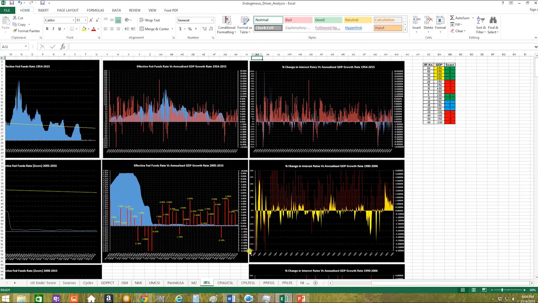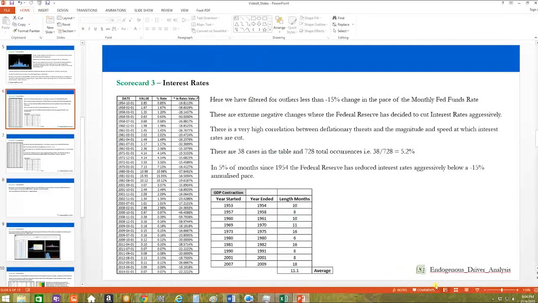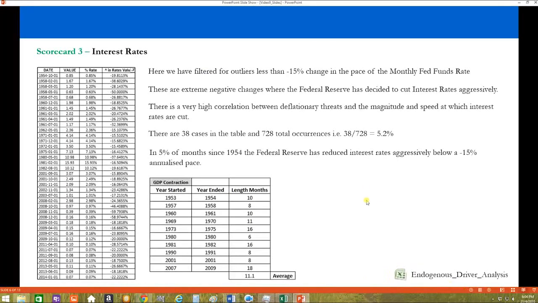So high percentage change moves positively. And over to the right hand side, we have our scorecard, which we'll come on to a bit later. But what we'll do is go back to the presentation and we'll show you how to further analyze this data.